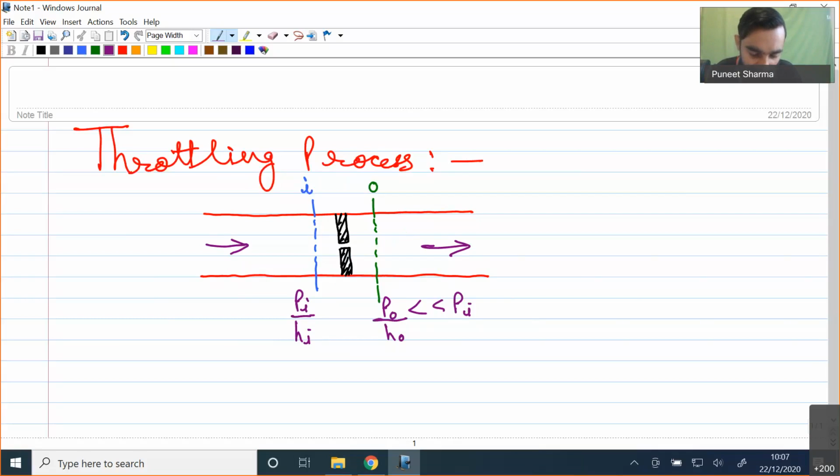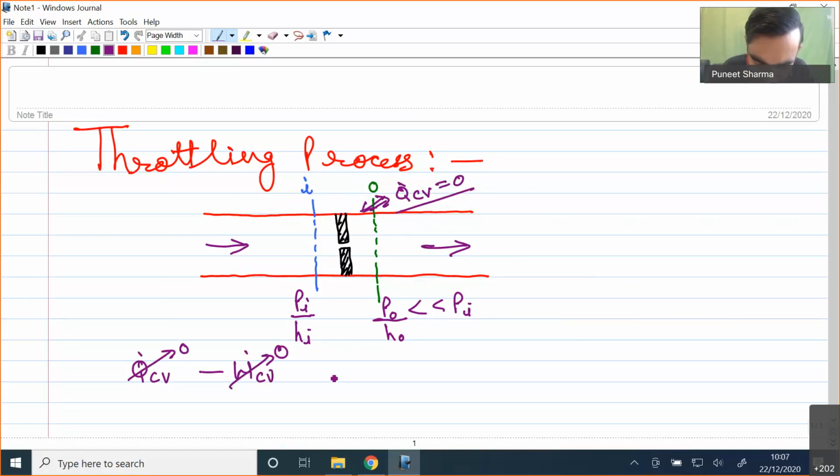Okay. Now, for the throttling process, I have already told you that there is no work done, and at the same time we do not have any heat interaction. So Q dot CV through this control volume is also equal to 0. If we apply our steady flow energy equation, Q dot CV is 0, minus W dot CV is again 0.